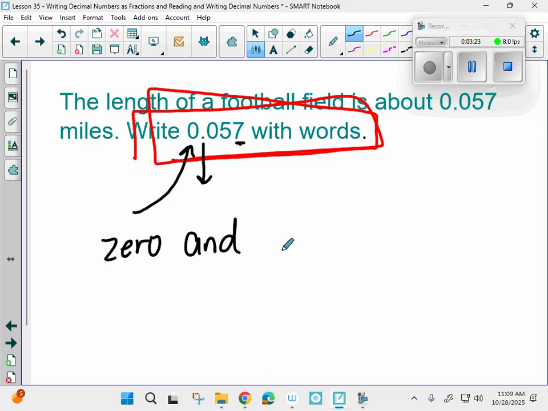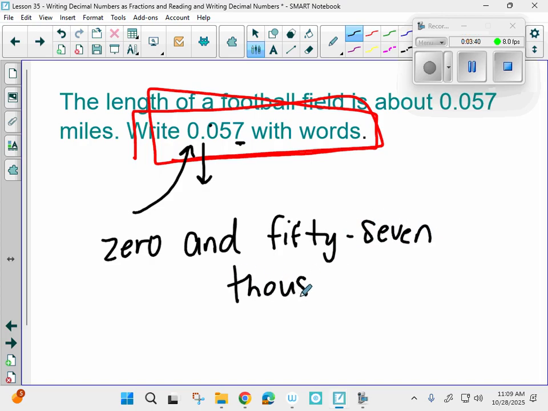Close. It's in the 1,000. Good job. 0 and 57 thousandths. Whenever we're to the right of the decimal, we always have the ths in the word. All right. Thousandths. And that would be that whole number written out in words.